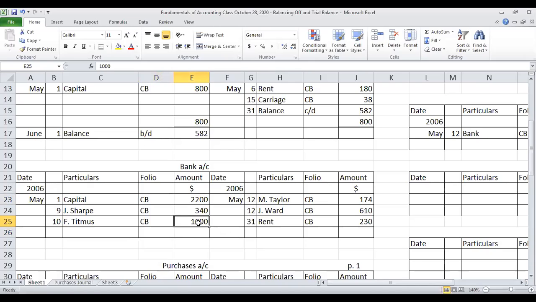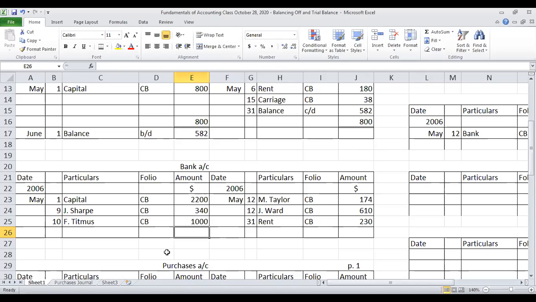So you're going to balance out the bank account now. Add up both sides of the debit side: 2,200, 340 plus 1,000, and you get 3,540.